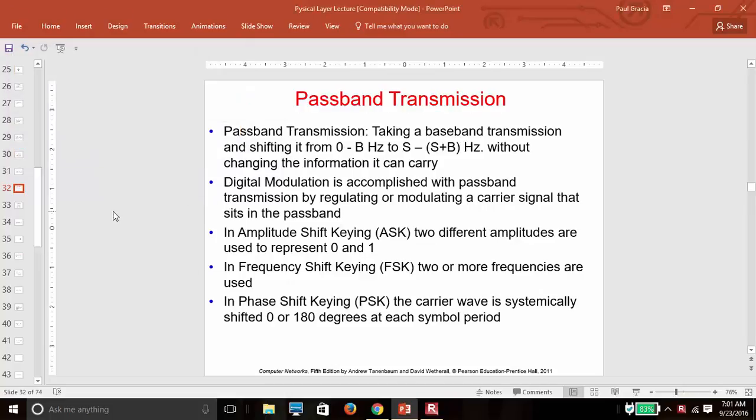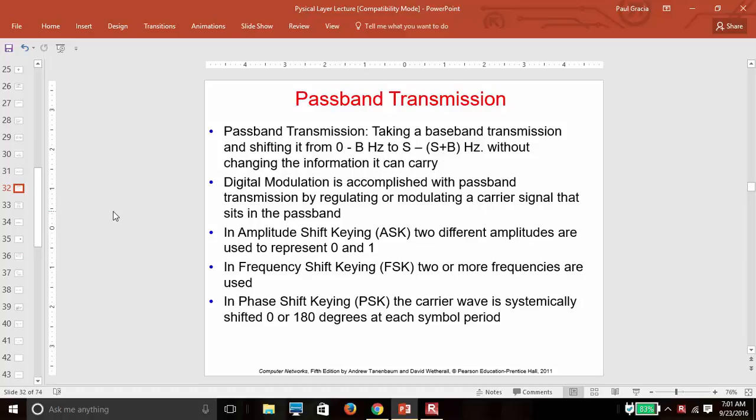So continuing our discussion of the physical layer and defining different terms related to digital modulation, let's talk a little bit about passband transmission. Unlike baseband transmission, which uses the available signal as is, we're going to shift the baseband transmission from 0 to some higher number S, so that the signal, instead of going from 0 to B hertz, goes from S to S plus B hertz.